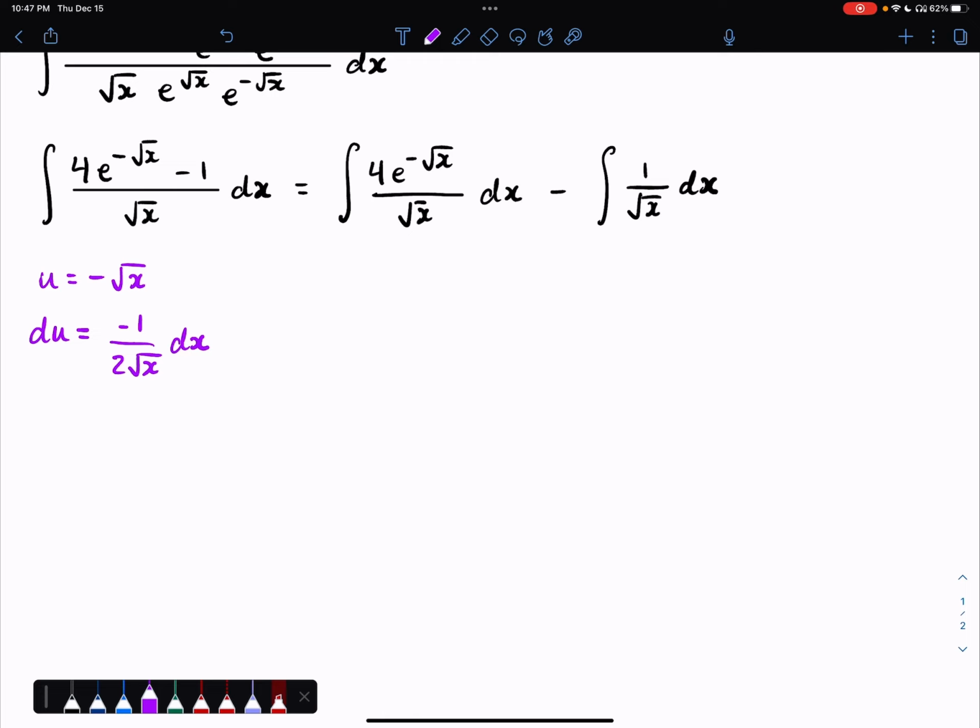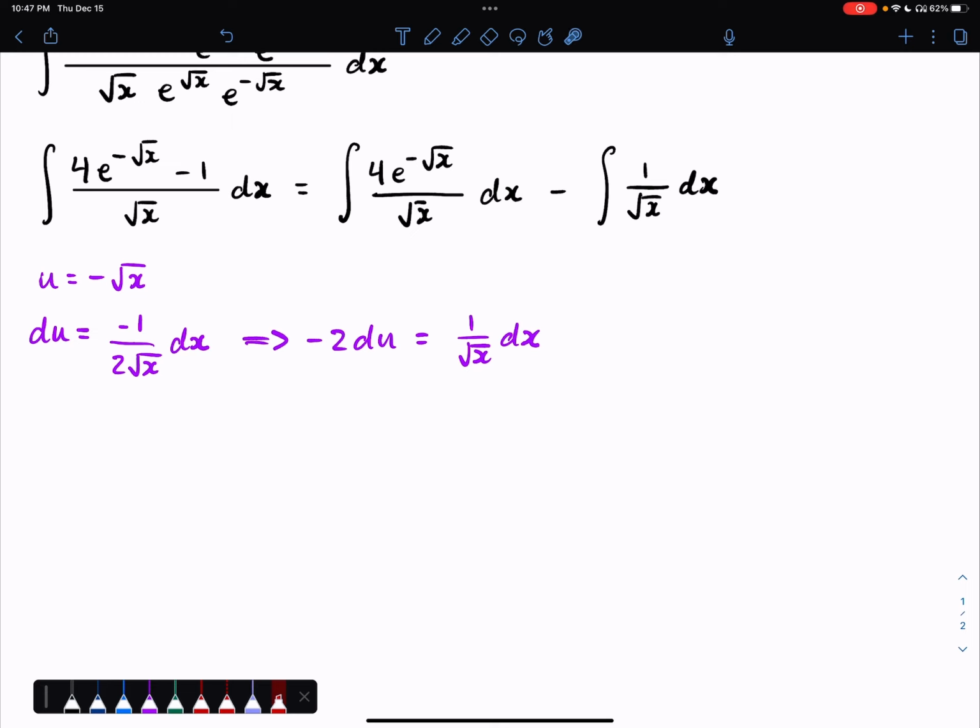And you'll notice that in our function here we have square root of x in the denominator, dx in the numerator, but we don't have this negative 2 that's lingering around in here. So we need to multiply by negative 2 du in order to get 1 over square root x dx.